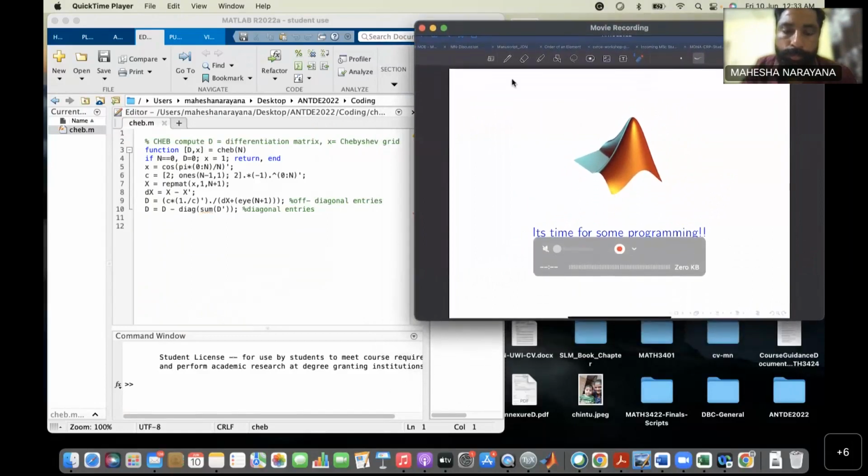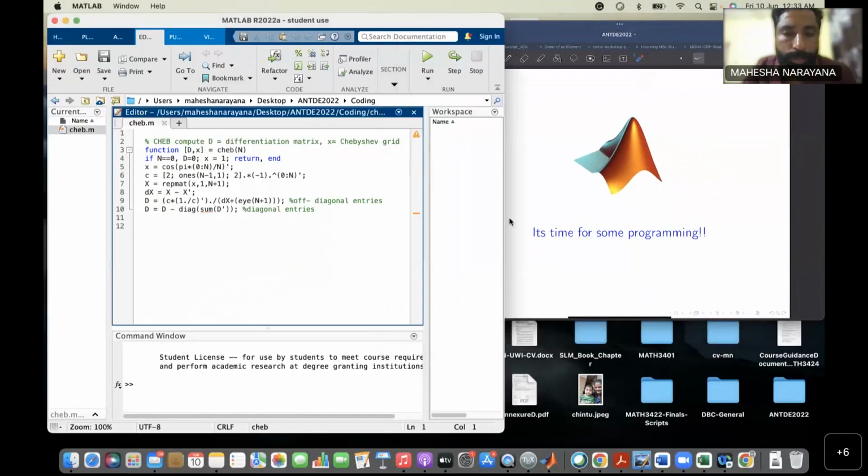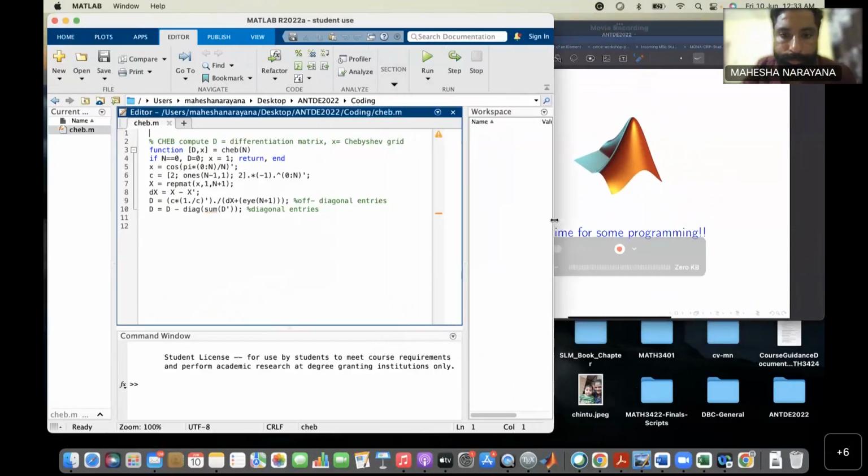I hope you're able to see the MATLAB window as well as... Yes, sir.